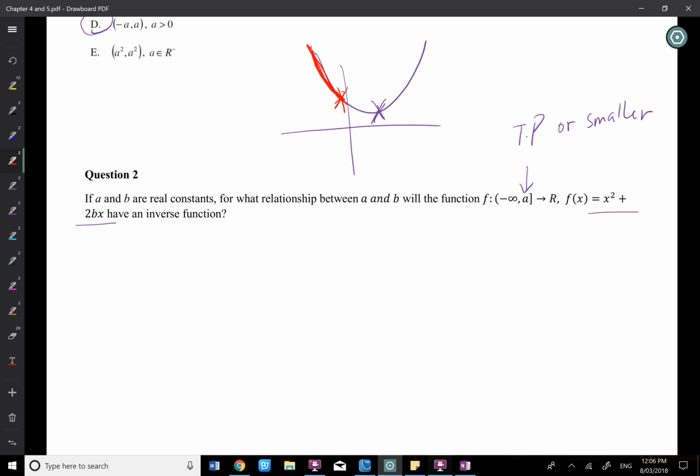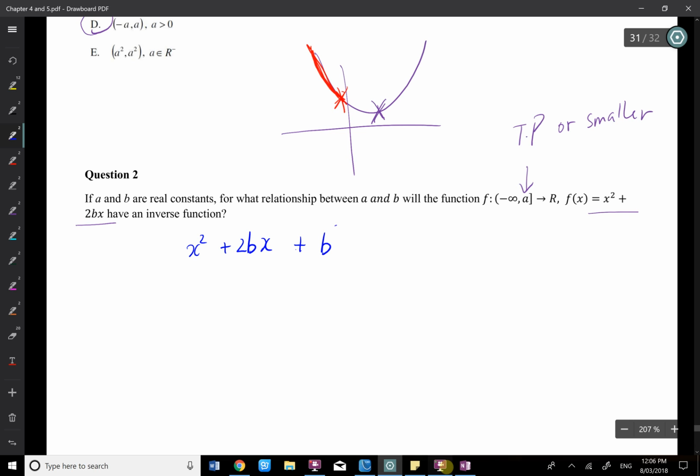So minus b over 2a is the result from completing the square as well. So we can just quickly complete the square for that one. We have x squared plus 2bx, plus b squared and minus b squared, which is half of the middle term squared. And I have (x plus b) squared minus b squared.